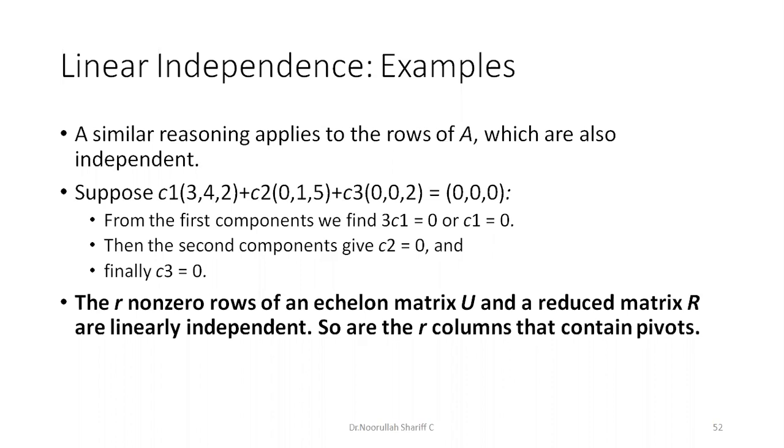If we write a number of vectors and join them to form a matrix A, and then we try to find the echelon matrix U or the reduced row echelon matrix R, or F as we call it, then we can find that the r non-zero rows will be linearly independent, or the r columns that contain the pivots will be linearly independent. Others will be dependent upon these linearly independent vectors.